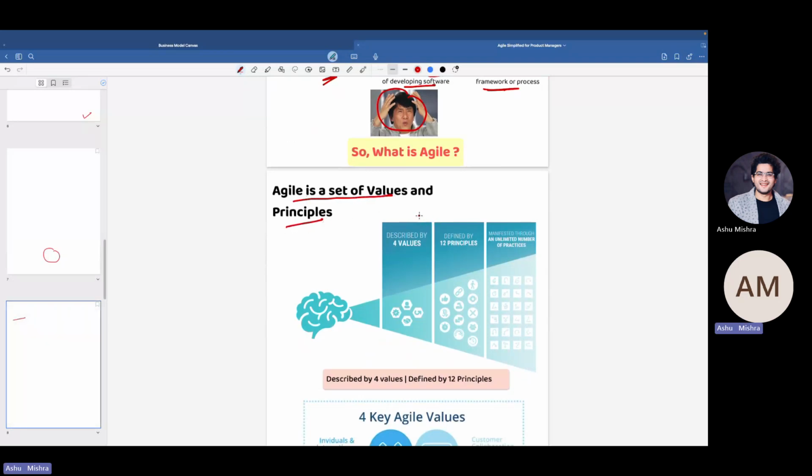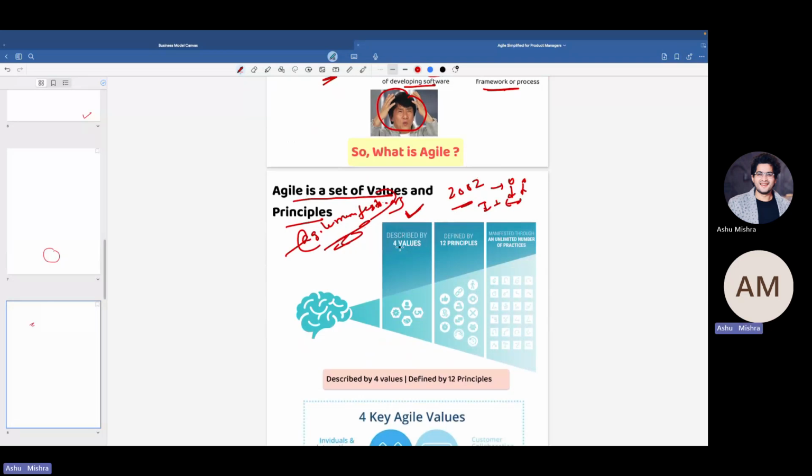Now, these are four values, right? And they were described back in 2002 by a group of some very famous people across the IT and tech industry. You can go to agilemanifesto.org to see the declaration of these people.